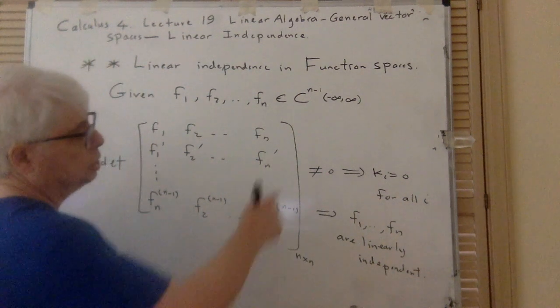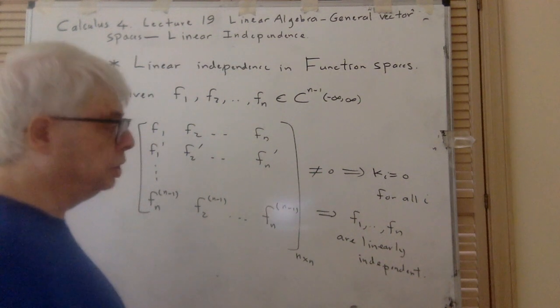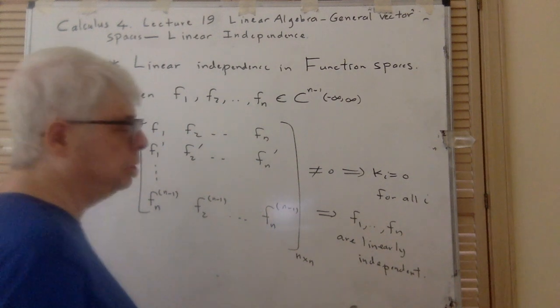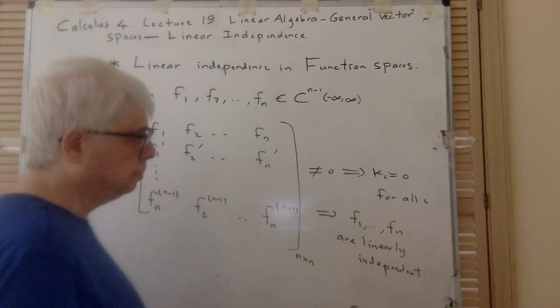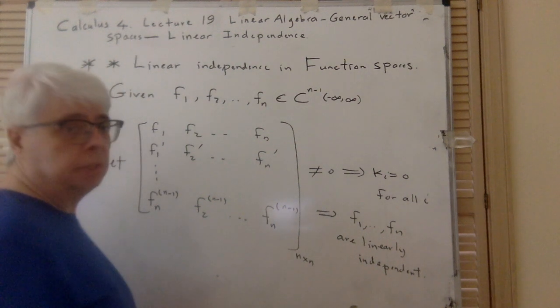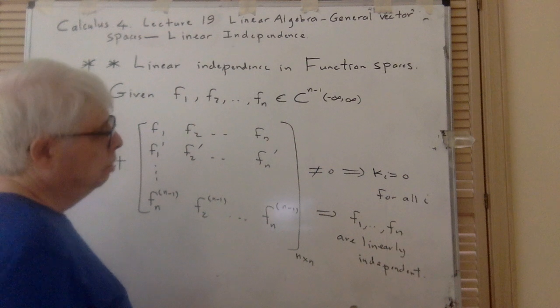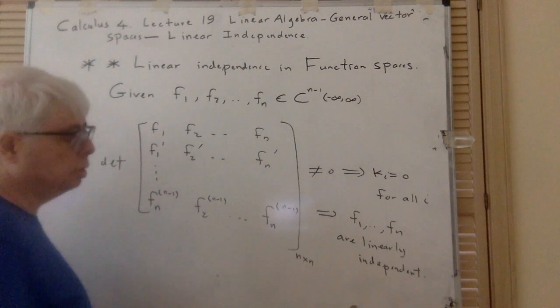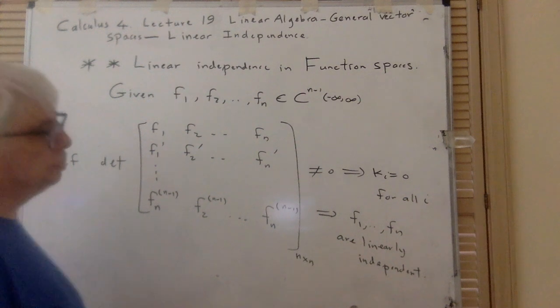And we say this is not identically 0, which means this determinant might be 0 for certain x's. Identically means it is 0 for every x, but it might be 0 for some x's.